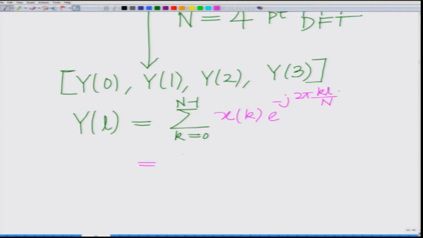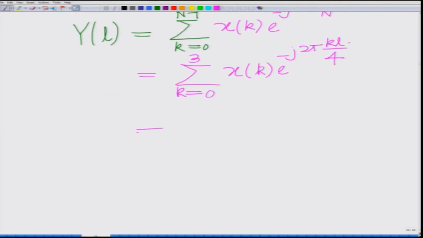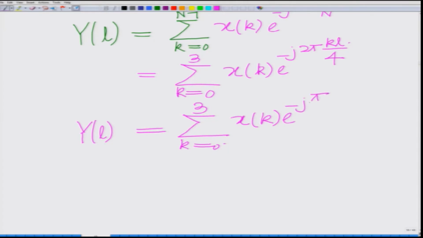Substituting n equal to 4, this is basically x k e to the power of minus j 2 pi k l divided by 4, so your Y l equals summation k equal to 0 to 3 of x k e raised to minus j pi by 2 k l.